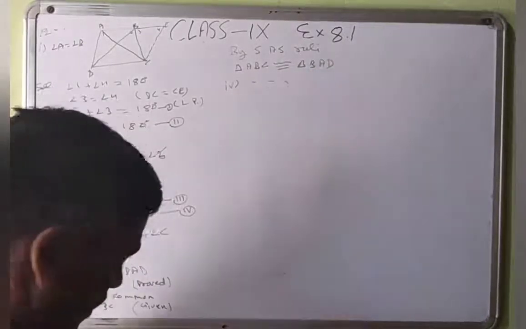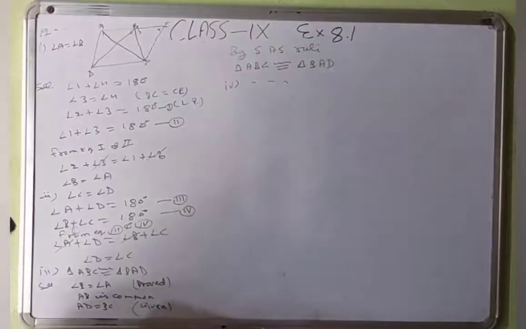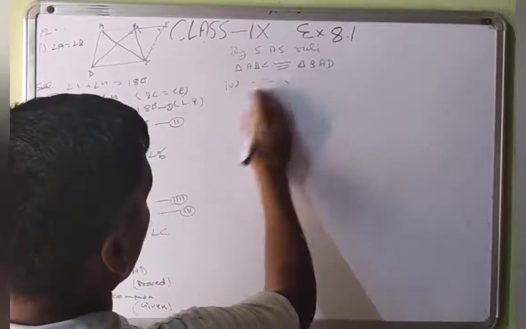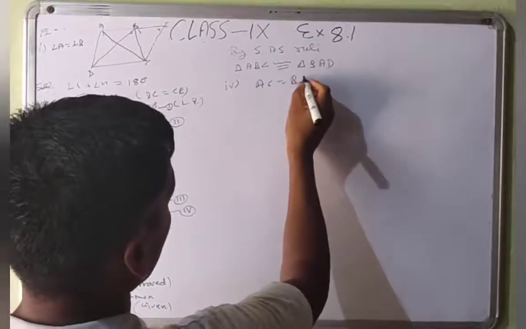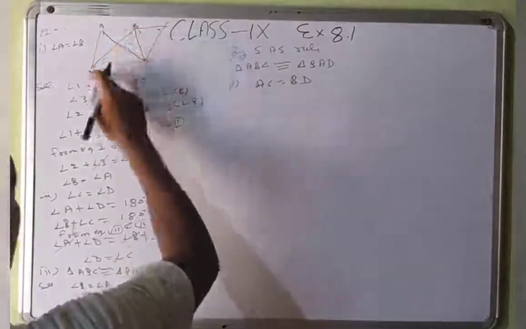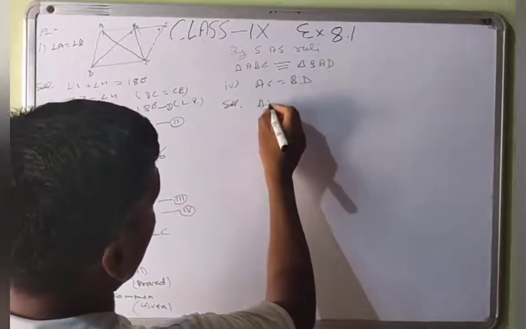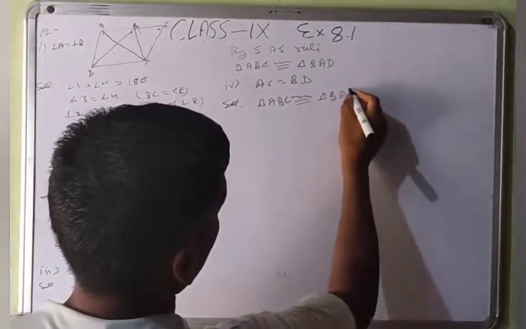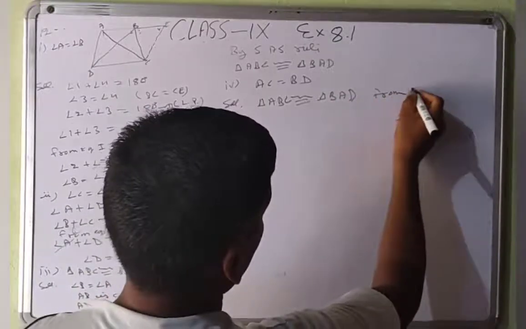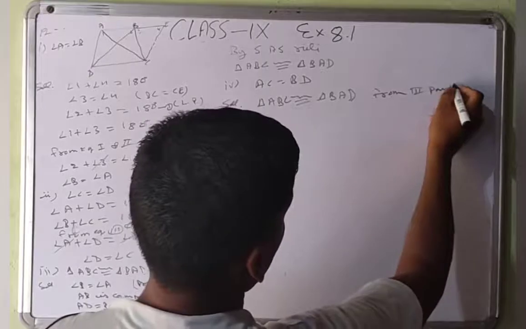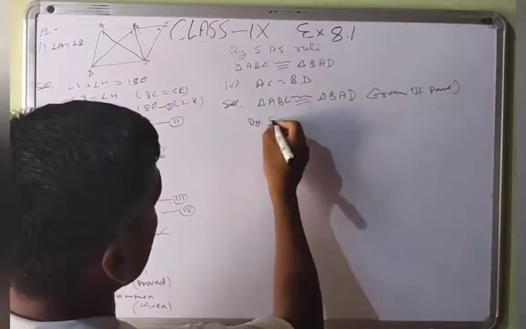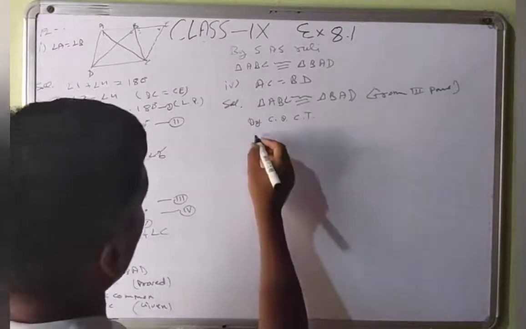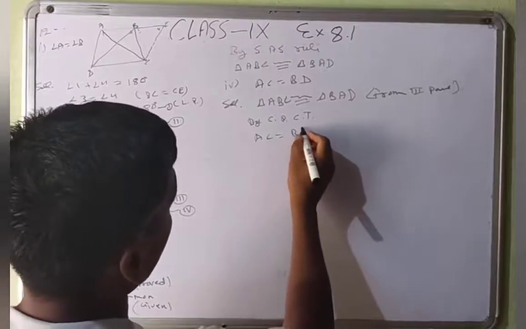The fourth part is that diagonal AC is equal to BD. The solution is very easy. Triangle ABC is congruent to triangle BAD from the third part, proved. So by CPCT, AC is equal to BD. Okay.